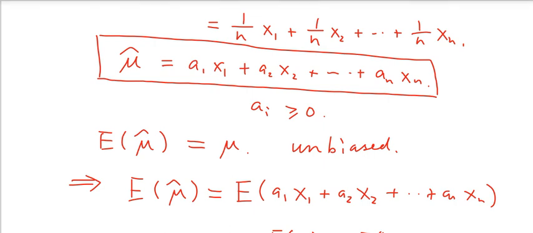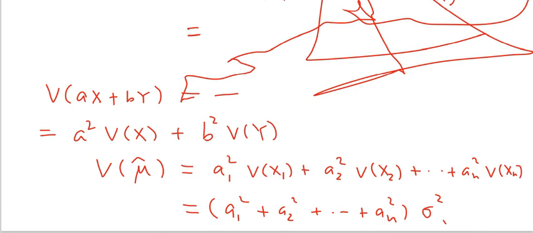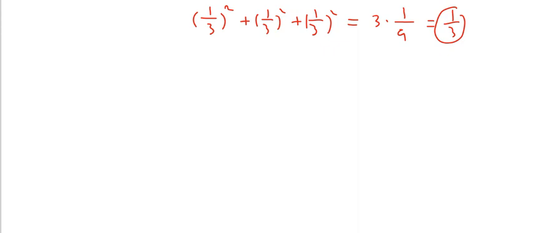But we still have another question: why should we just use a linear combination? Maybe the best estimate is not in this form, but in another form. So we still have the question of how to find the best estimate. We have data, and from data you can do many things to estimate this.